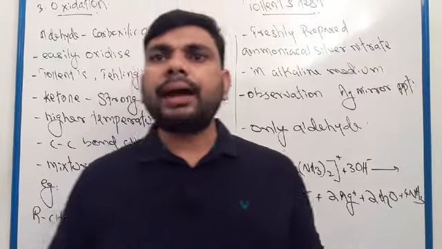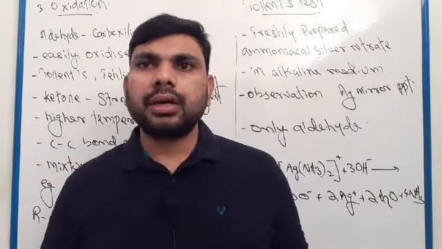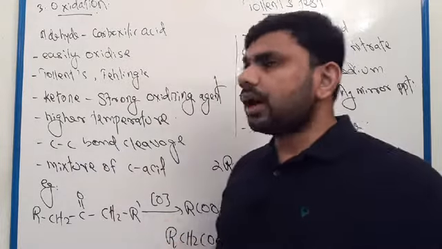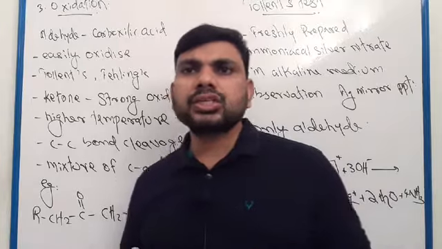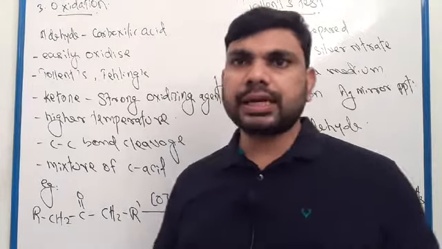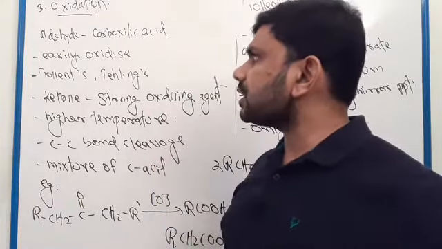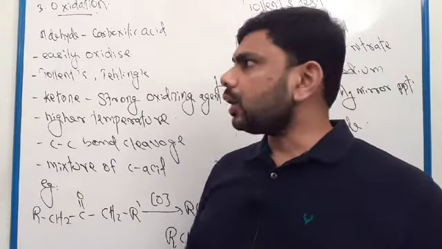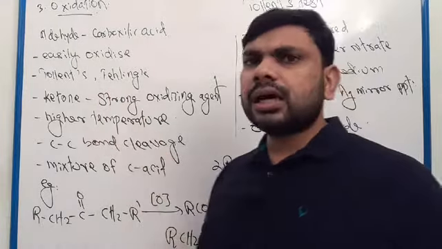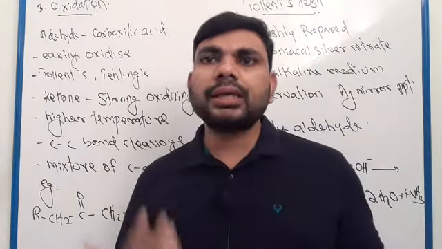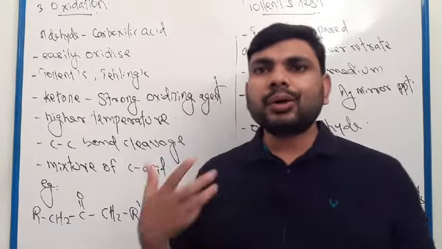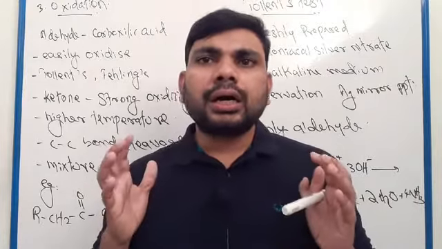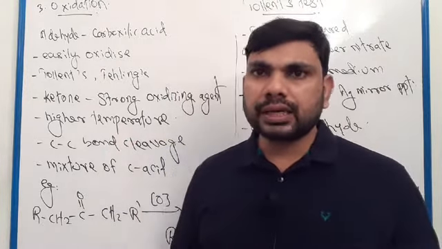Next one we have to discuss here is oxidation of aldehyde and ketone. Aldehyde after oxidation will change to carboxylic acid. Aldehyde oxidizes very easily, even in presence of a mild oxidizing agent, giving carboxylic acid.